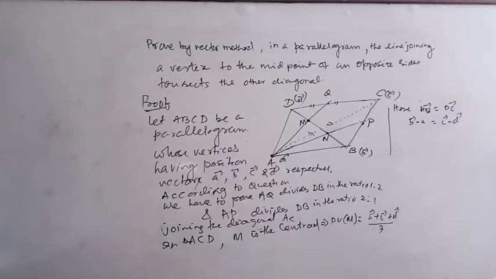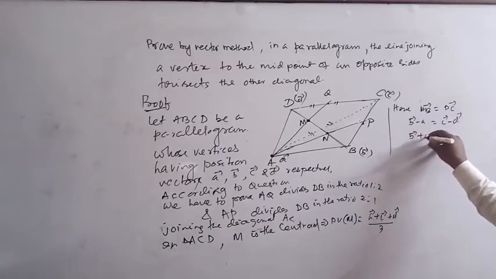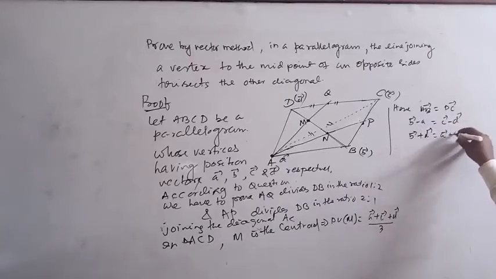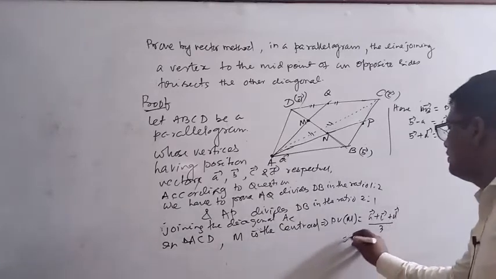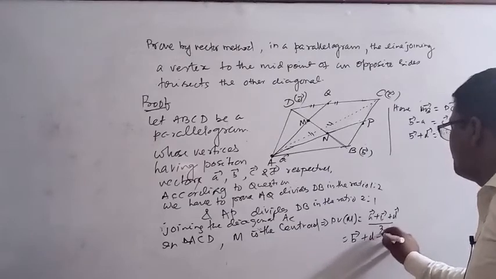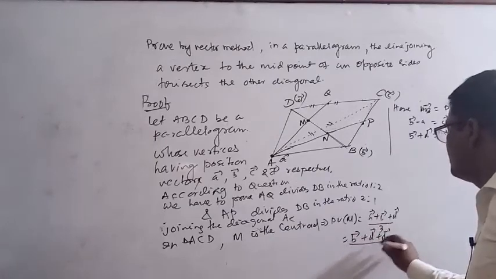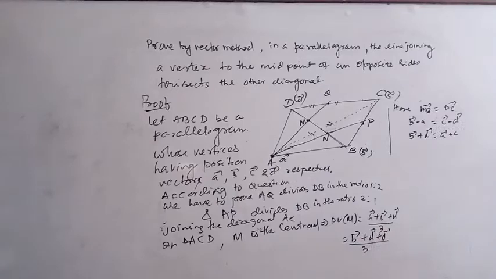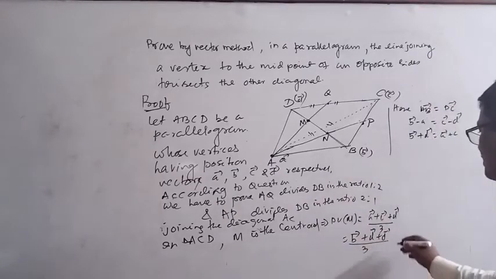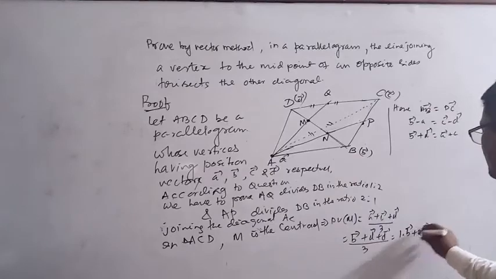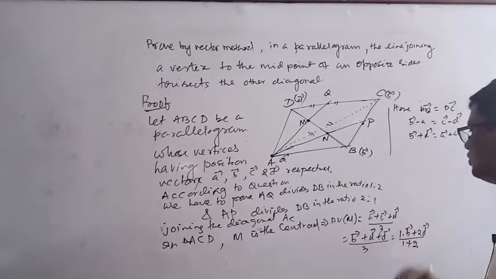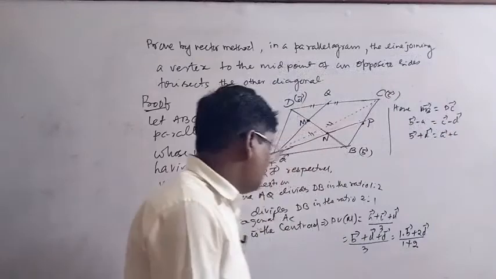So B plus D is equal to A plus C. Therefore the position vector of M is equal to B plus D by 3, that is, (1 into B vector plus 2 into D vector) divided by 1 plus 2.